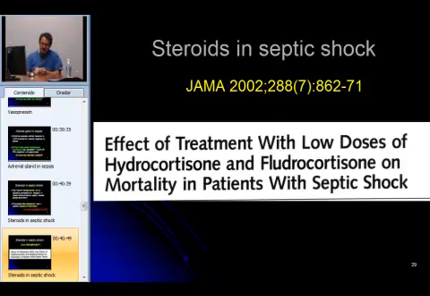In the CORTICUS trial, they gave steroids to people that were hemodynamically stable. In this trial, and this is actually what you should be doing, and this is what the current guidelines say, if you give vasopressors to a patient with septic shock, and these patients actually fail to maintain a systolic blood pressure above 90 for 1 hour, despite the catecholamine, then you give them steroids.